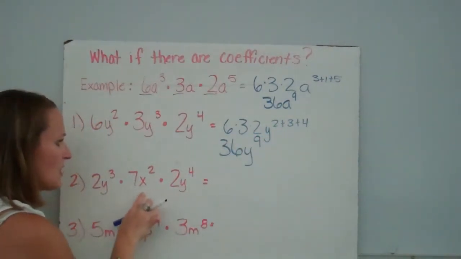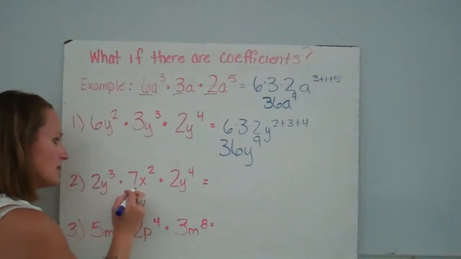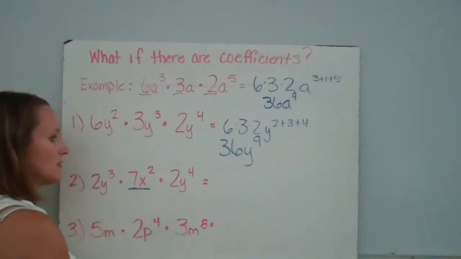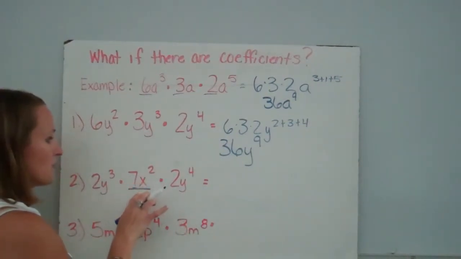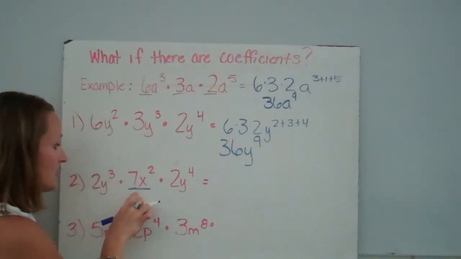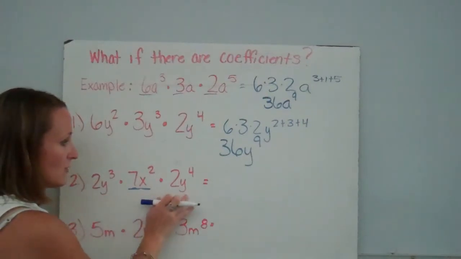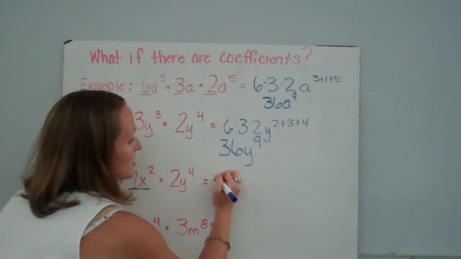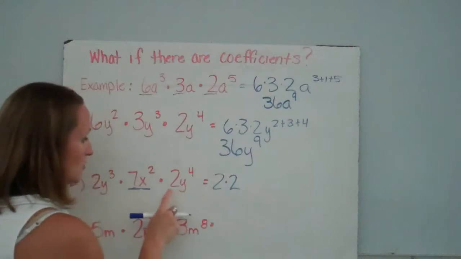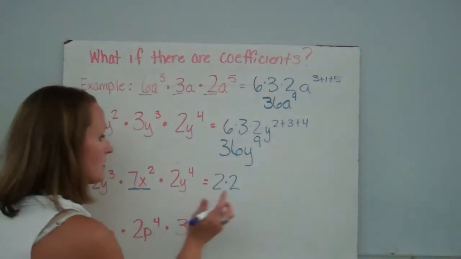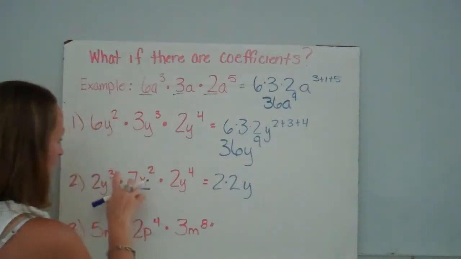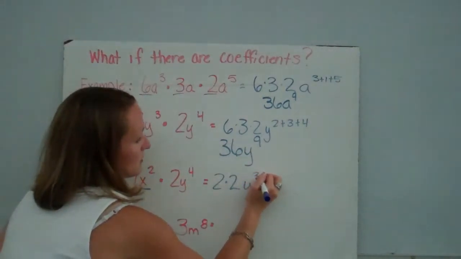Okay, what about this one? This 7 has an x with it. So in this example, I cannot use the 7x squared when I deal with the 2y cubed and the 2y to the 4th. I can do my 2 times 2, the coefficients that are with the y's. Then I'm going to do my y, 3 plus 4.